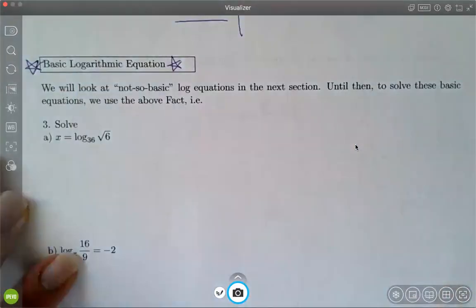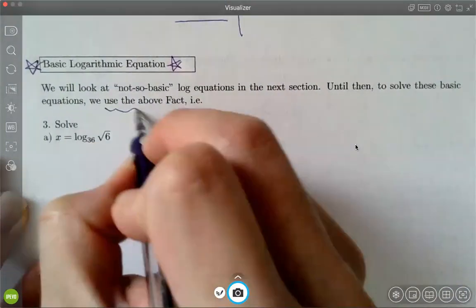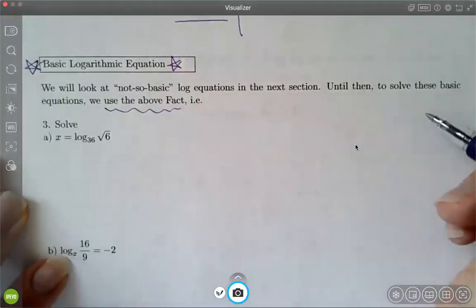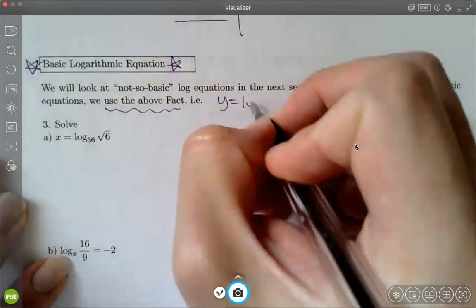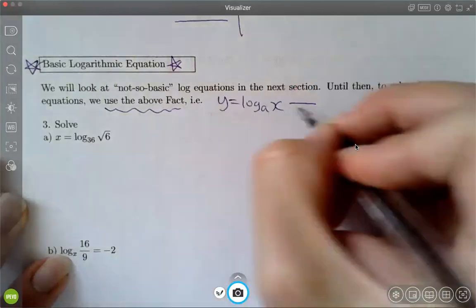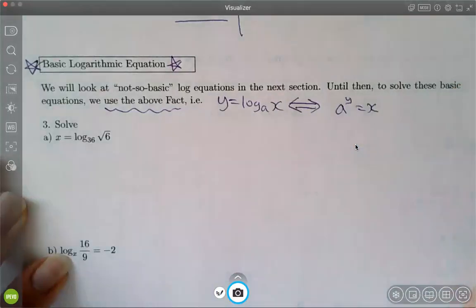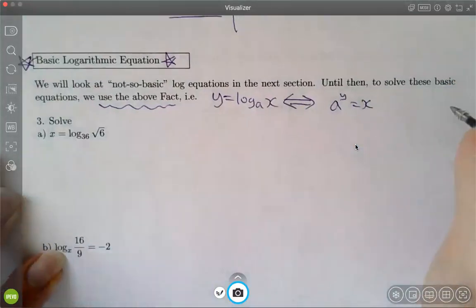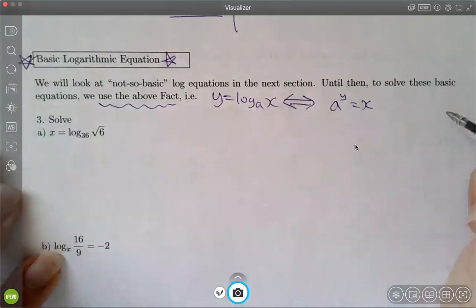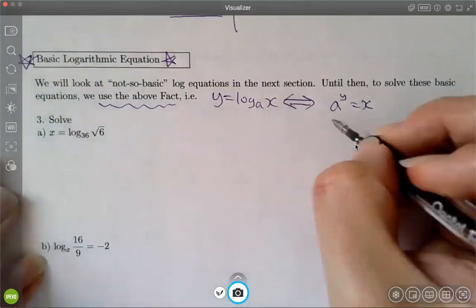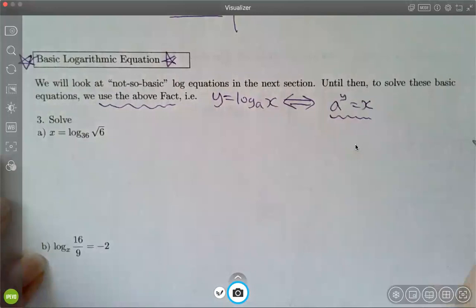We use the previously mentioned fact: this is the same thing as this. So what's the point? We convert the log equation into the exponential form and then solve. So that will be the entire task. So let's look at a few problems.